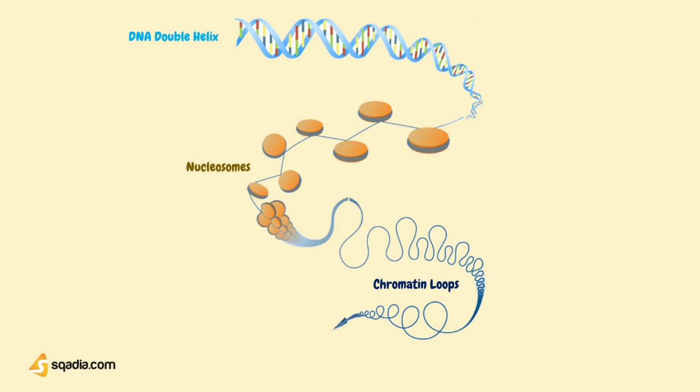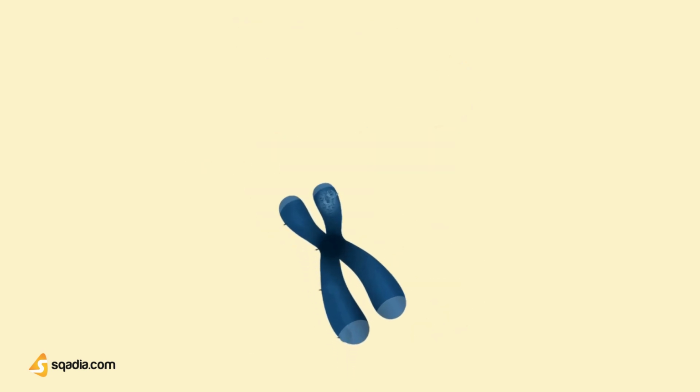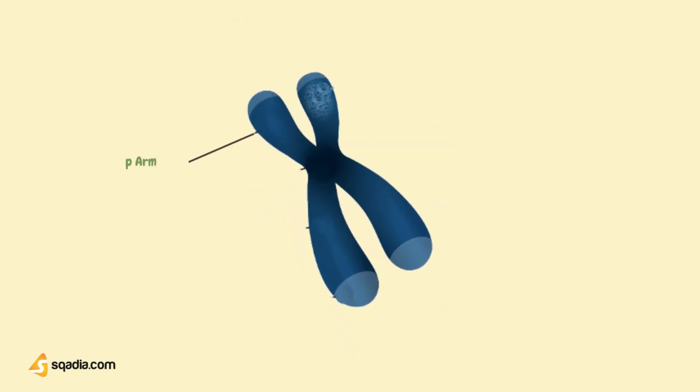The chromatin loops are then wrapped around each other to make a full chromosome. Each chromosome has two short arms, called p-arms, two longer arms, called q-arms, and a centromere, holding it all together at the center.